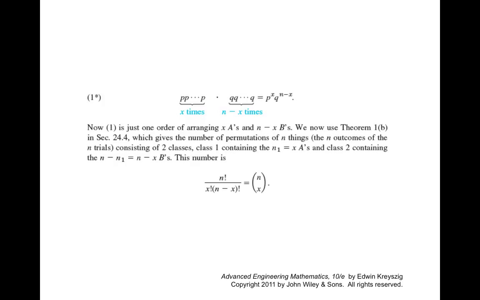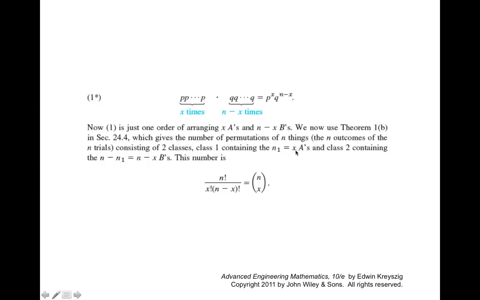So now we go back to permutation theory, and we're going to say we have n things. So we have n possible outcomes of the n trials, and we have two classes. Class 1 is the number of A's, so that'll be n1, and class 2 is the number of times B occurs, so that'll be n minus x.